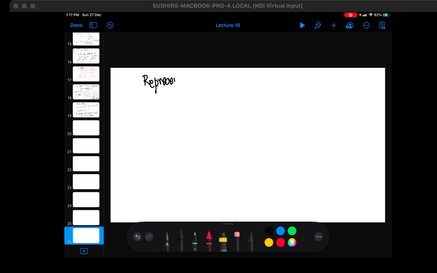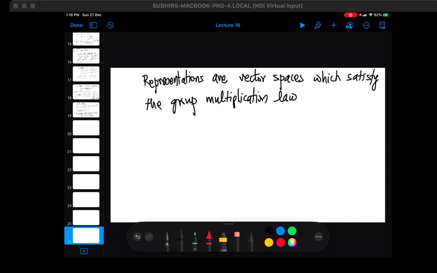Representations are vector spaces which satisfy the group multiplication law, which is again determined by the group.